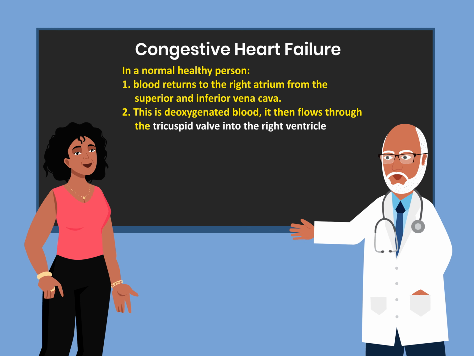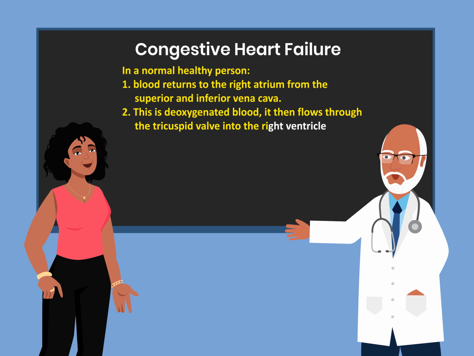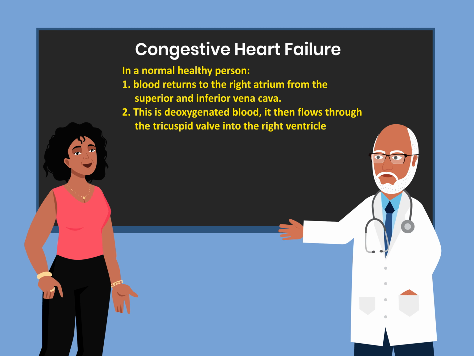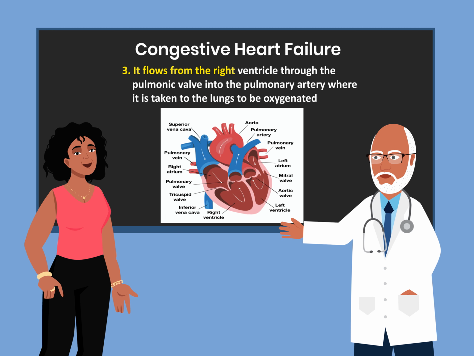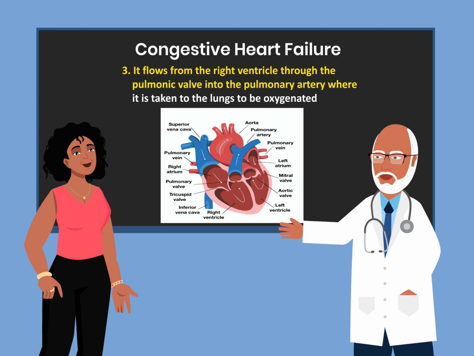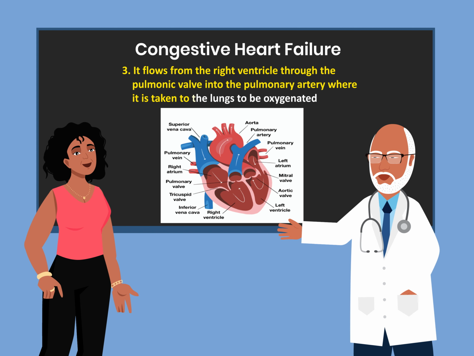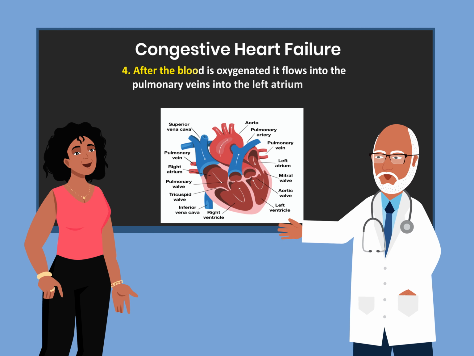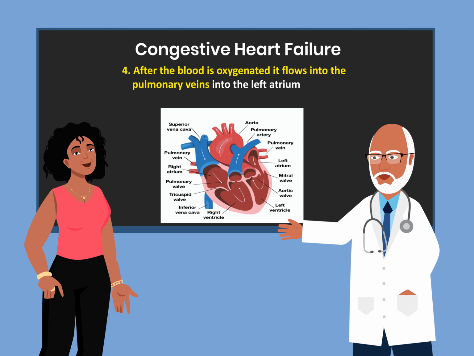It then flows through the tricuspid valve into the right ventricle. It flows from the right ventricle through the pulmonic valve into the pulmonary artery, where it is taken to the lungs to be oxygenated. After the blood is oxygenated, it flows into the pulmonary veins into the left atrium.